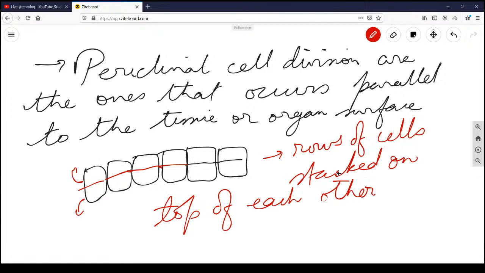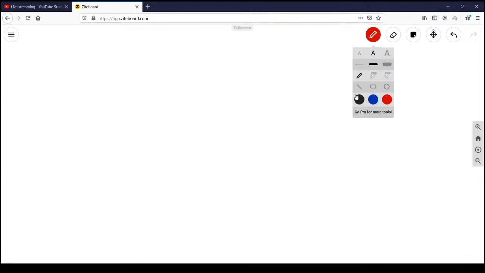Now, anticlinal cell divisions are perpendicular to the adjacent layer of cells.